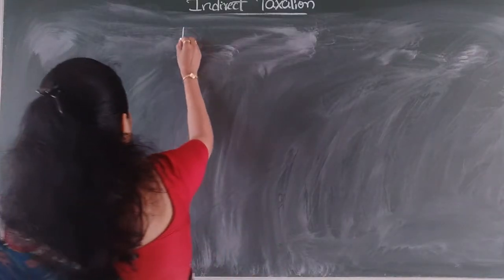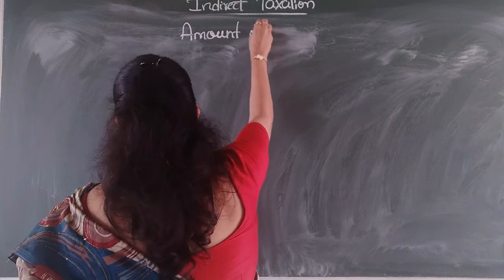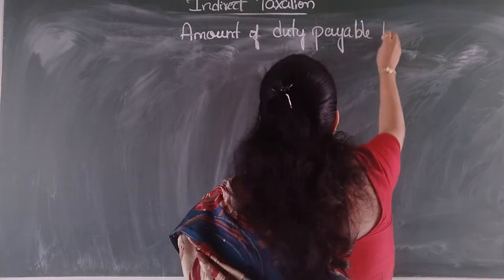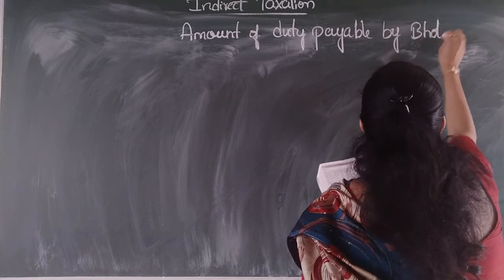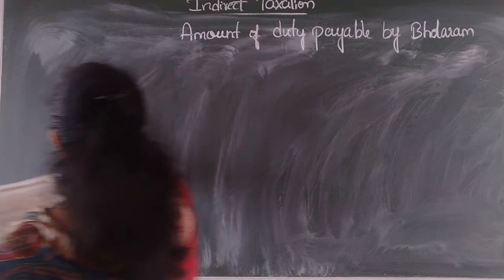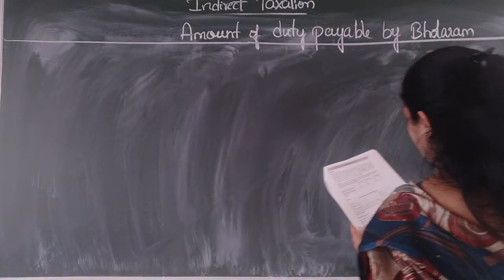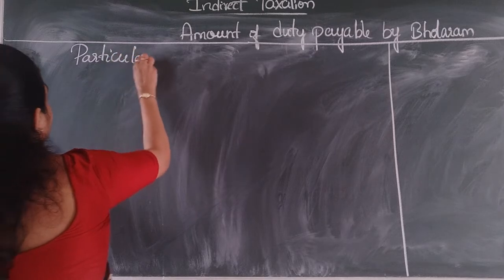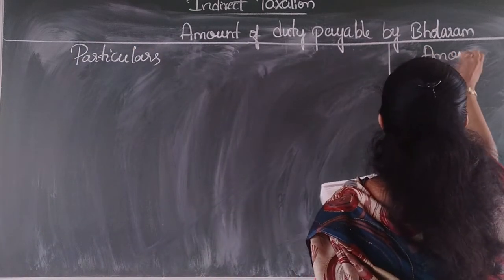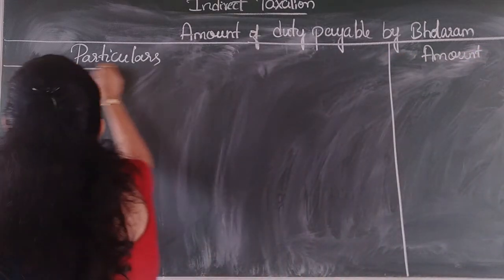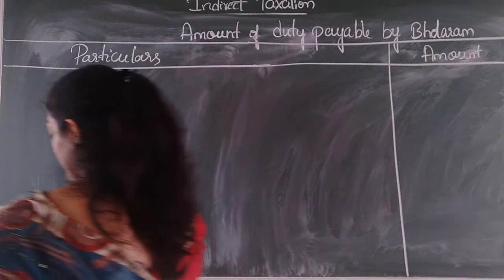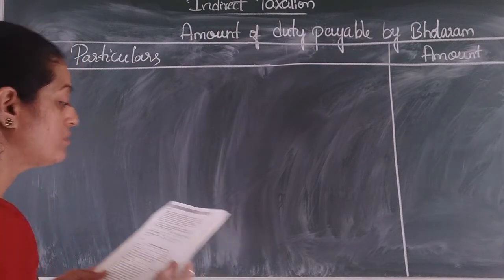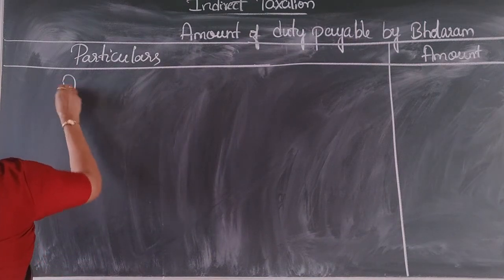So, what you need to do is find out the amount of duty payable by Bolaram. Particulars, amount. The assessable value of the goods is $1 lakh, that is called the assessable value.